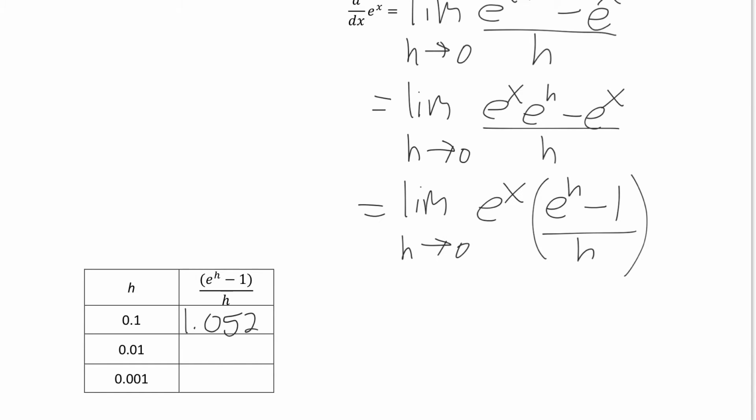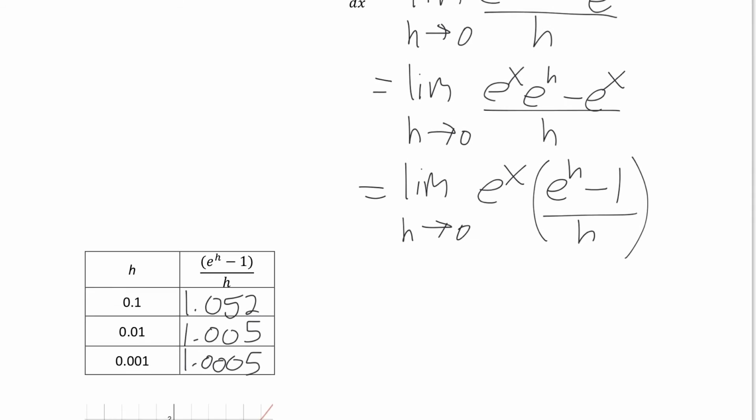Now if you plug in h equals 0.01, you should get 1.005. And if you plug in 0.001, and I encourage you to do this, you should get 1.0005. So what does it look like e to the h minus 1 over h is approaching as h approaches 0? Well, I think the answer is obvious. It looks like it's approaching the number 1.